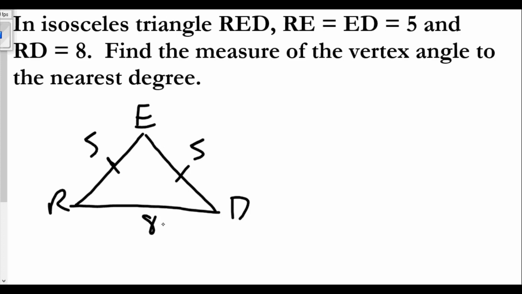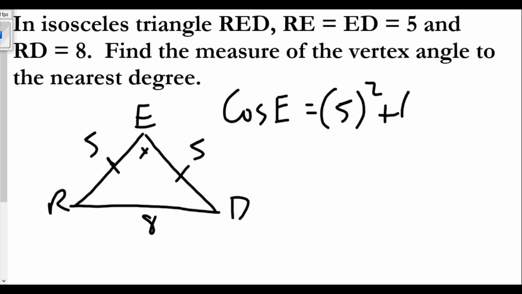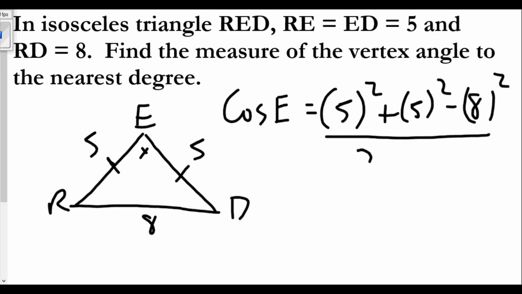So we're going to use cosine of angle E is equal to the sides next to it, adjacent, 5 squared plus 5 squared, minus the side opposite, 8 squared, all over 2 times 5 times 5.